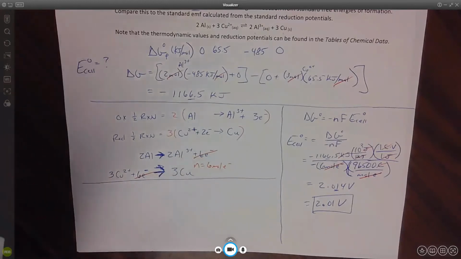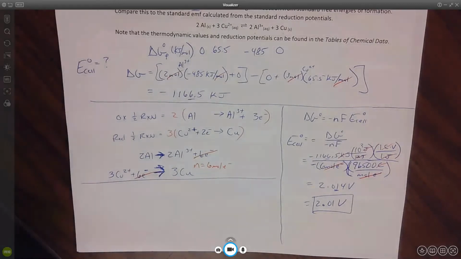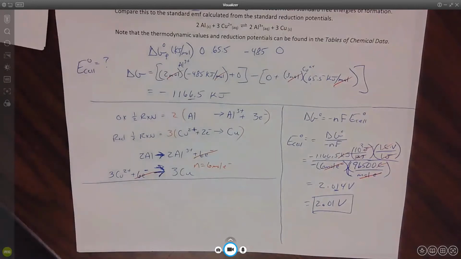Anybody, how are we going to get E cell naught from our standard reduction potentials? We've done it many, many times.